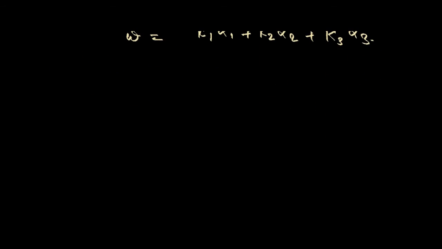So let's see how we can write our vector V. We have our vector V as 1, 0 and 0.